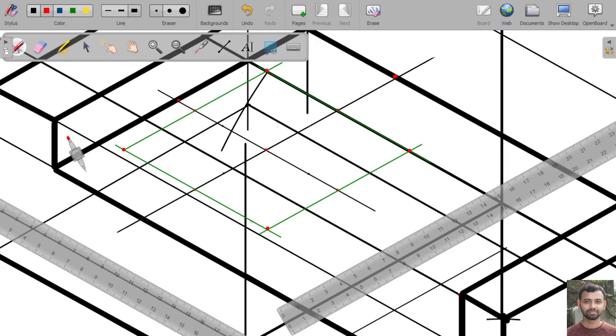Opposite to the corner point, from this corner, these two are the adjacent sides. So we will find out the midpoint of these adjacent sides. This is one midpoint, and here it is another midpoint.